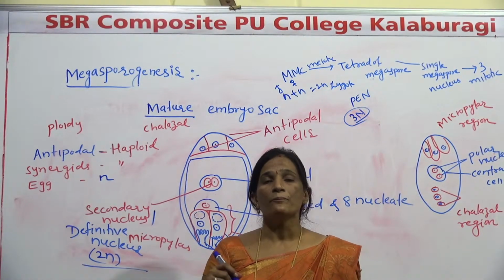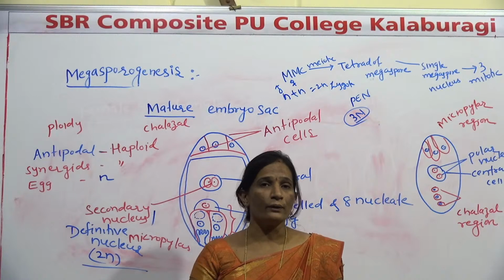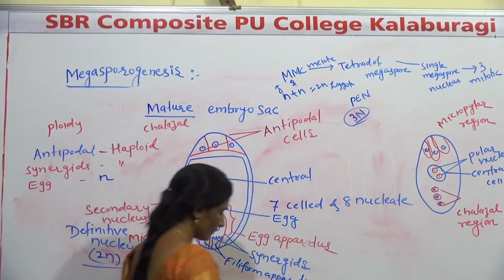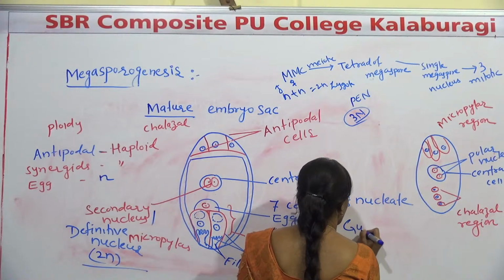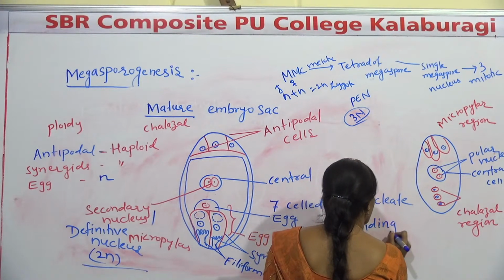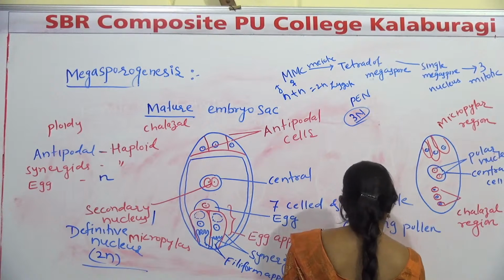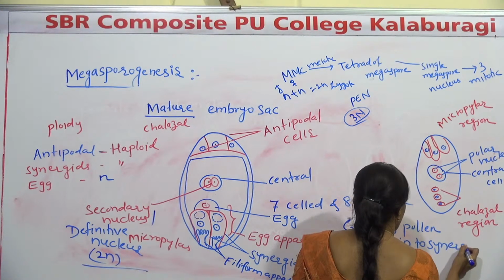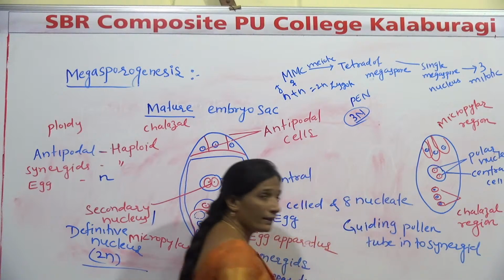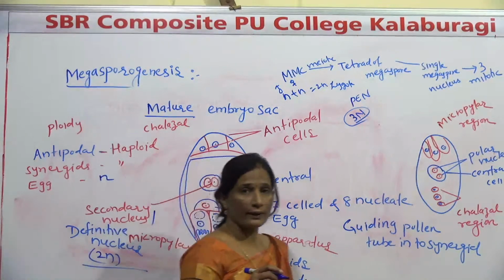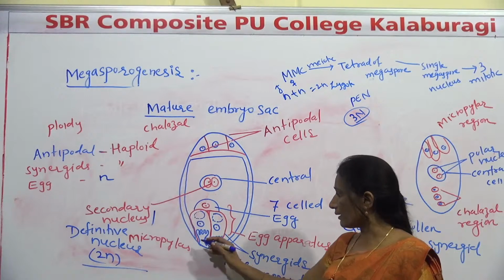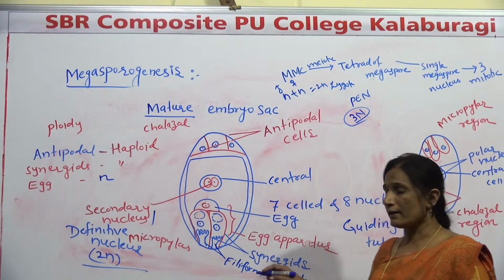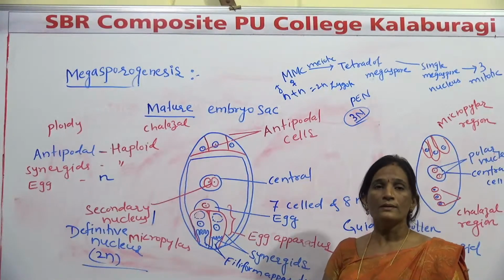Guiding the entry of the pollen tube into the synergid. Very important: where is the filiform apparatus present? In the synergid. Its function is guiding the pollen tube into the synergid.